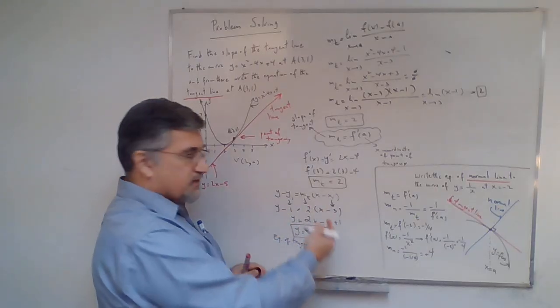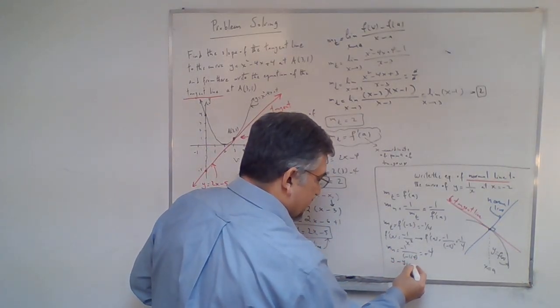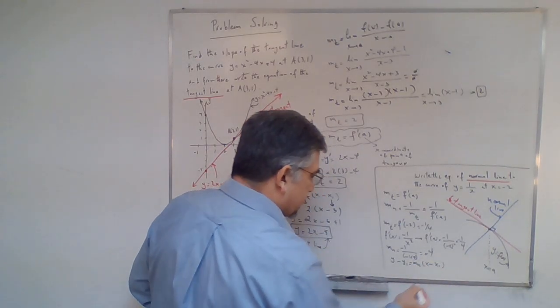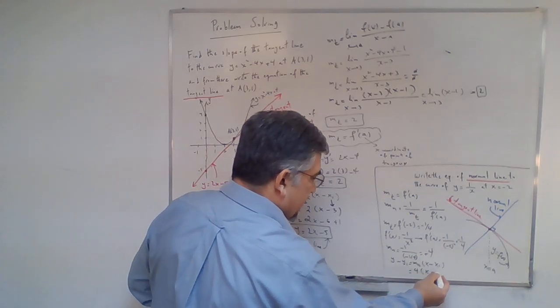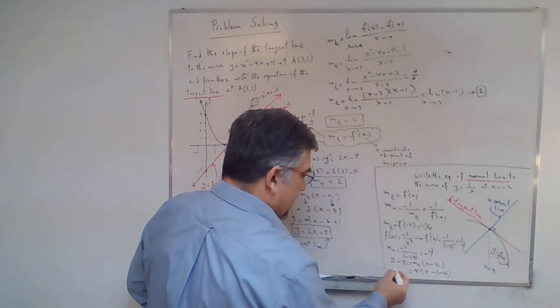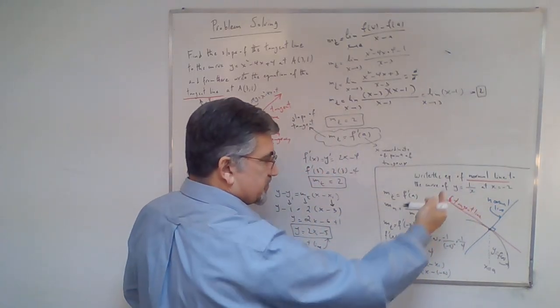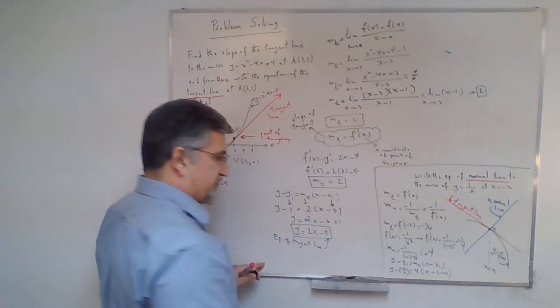Again, from grade 10 math, we're going to say y minus y1 equals the slope of the normal times x minus x1. So we say 4 times x minus negative 2, and y minus, now if you sub in negative 2, it becomes negative 1/2. So here I write negative 1/2.